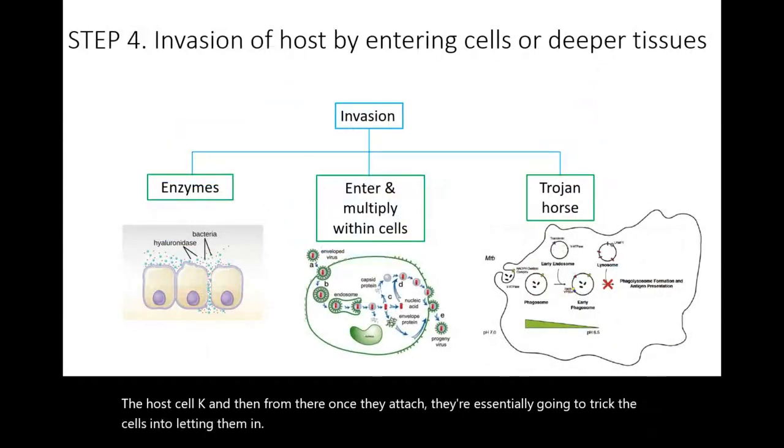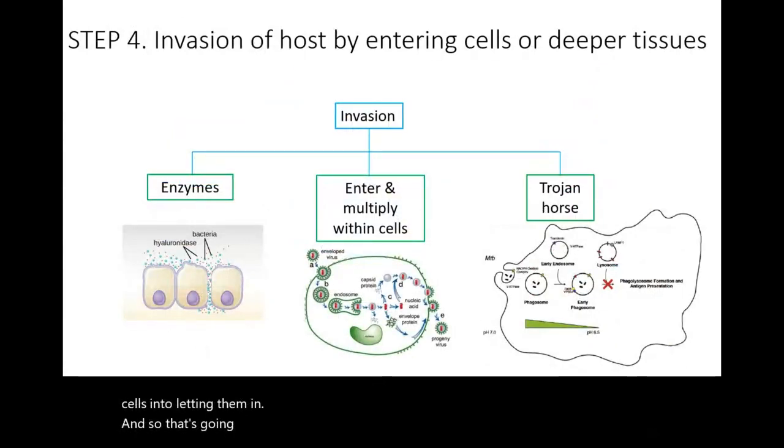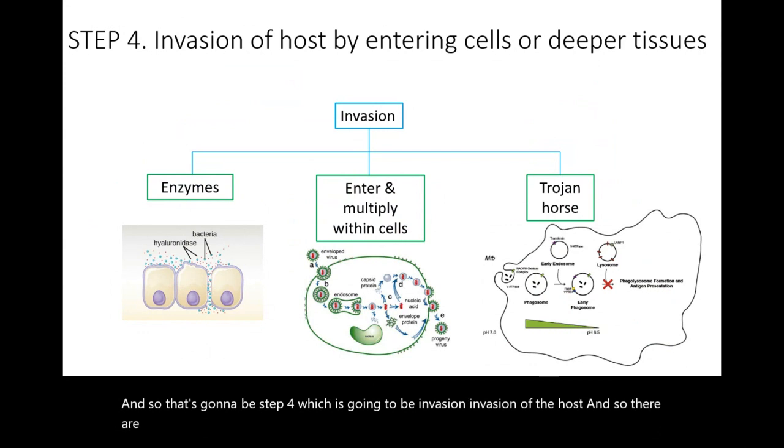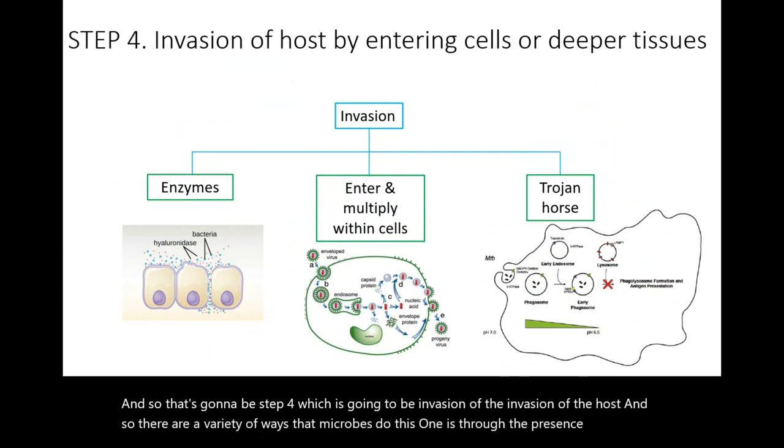And so that's going to be step 4, which is going to be invasion of the host. There are a variety of ways that microbes do this. One is through the presence of enzymes.